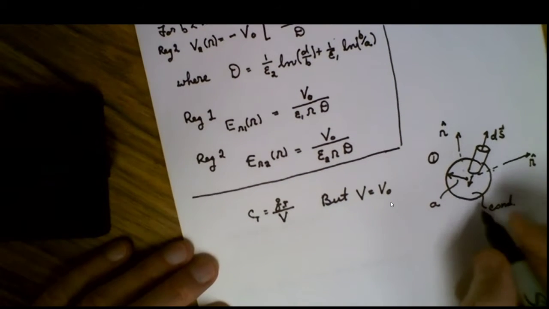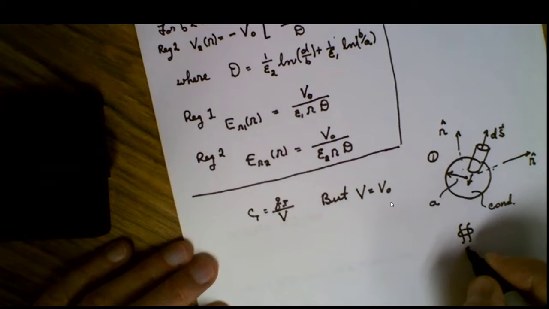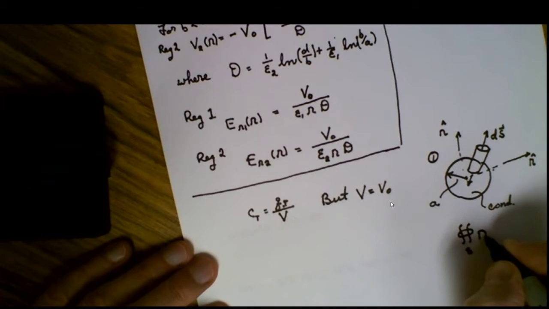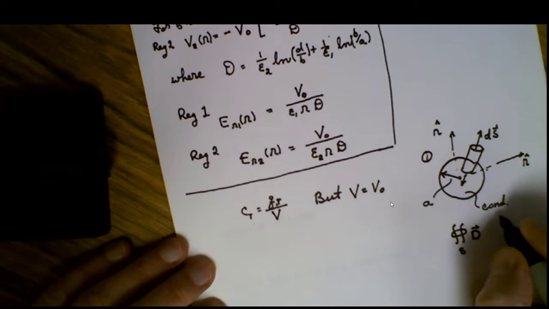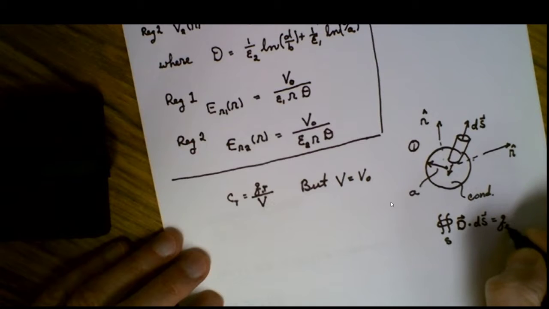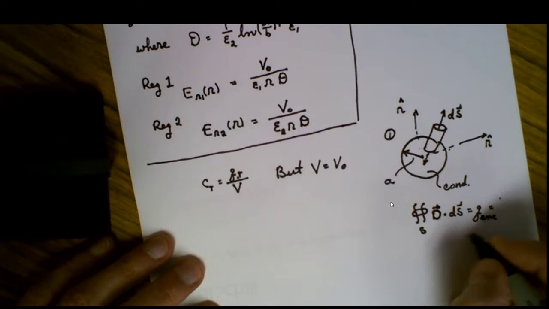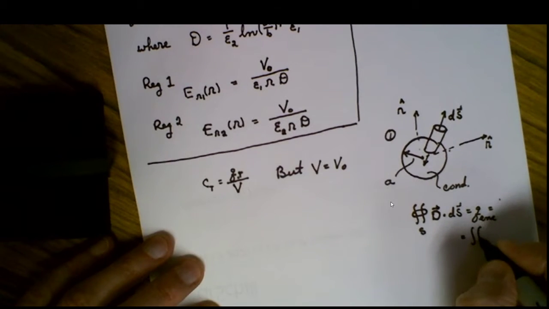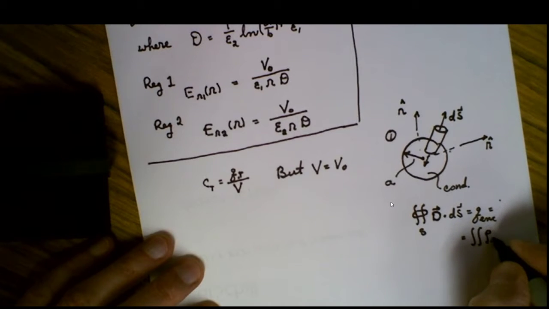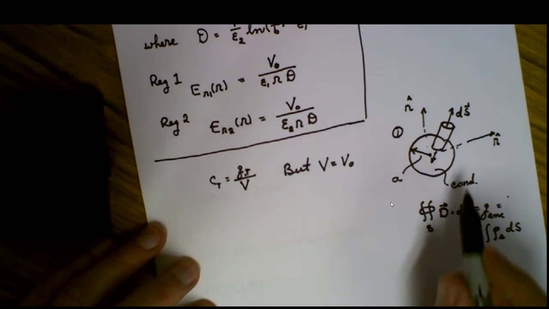Consequently, let us write down Gauss's law. Gauss's law states that if we evaluate the electric flux density around the closed surface S bounding a volume V, this is going to be equal to the charge enclosed, which in turn is equal to evaluating the surface charge density over the surface S, which is going to be sandwiched in the element of surface in region 1 and the element of surface in the conducting region.